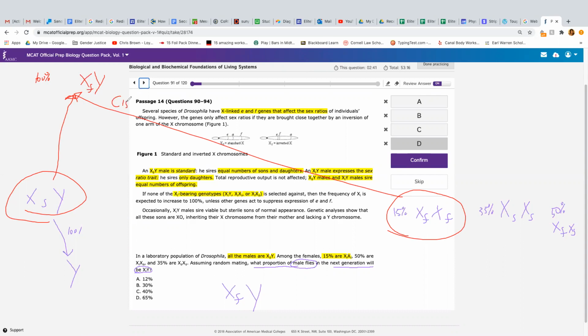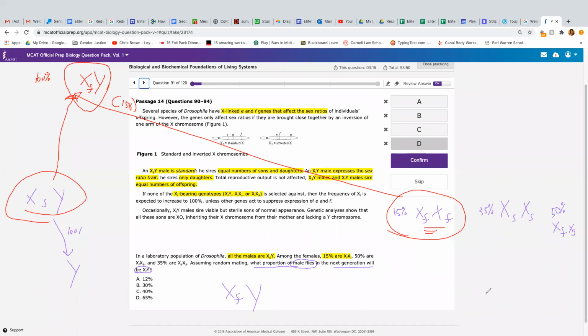So if there's a 100% chance of this genotype producing an offspring with the mutant allele, it's the same thing as saying there's a 15% chance that the offspring male population is going to have that allele, because every single one of the women in this population with both mutant alleles had a 100% chance of passing that allele on to their offspring.